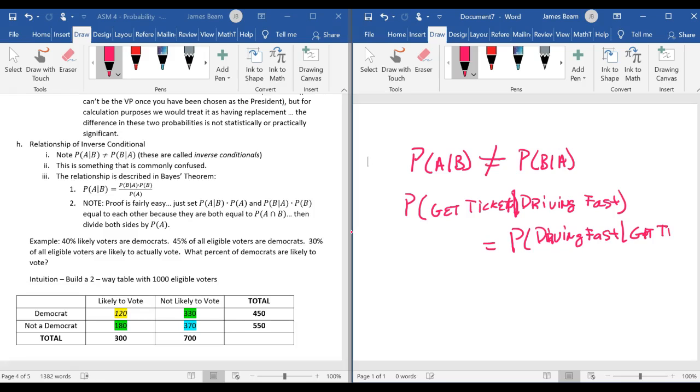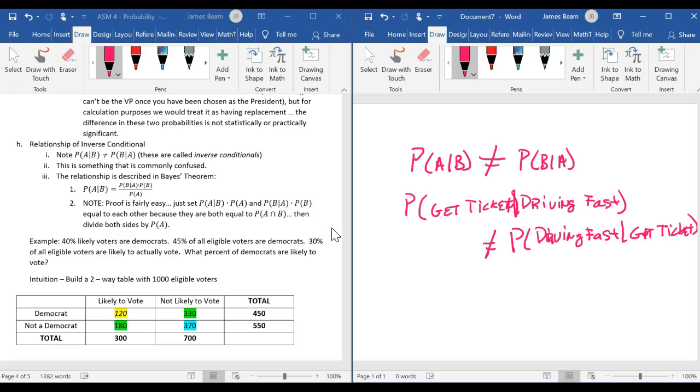I can drive fast and not get a ticket, so not every time I'm driving fast do I get a ticket. Most days, probably not. And not every time I get a ticket am I driving fast. I could be running a red light, something like that. So these two things are not equal.